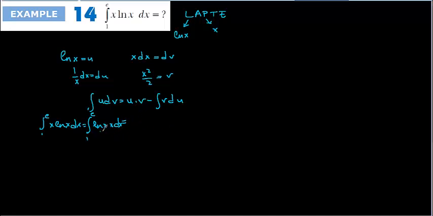That is equal to u times v, which is ln x times x squared over 2, with the limits from 1 to e, minus the integral of v du.